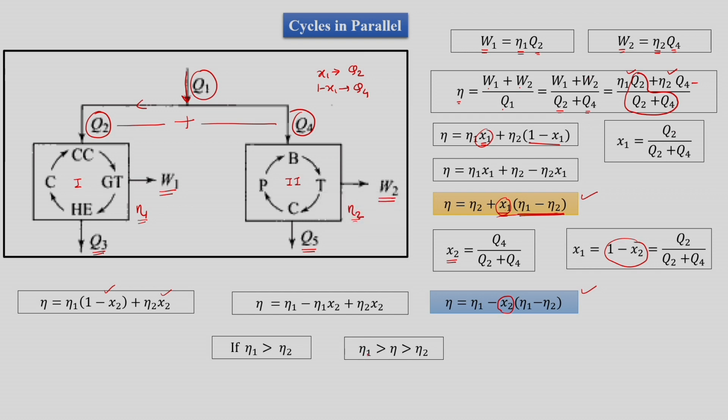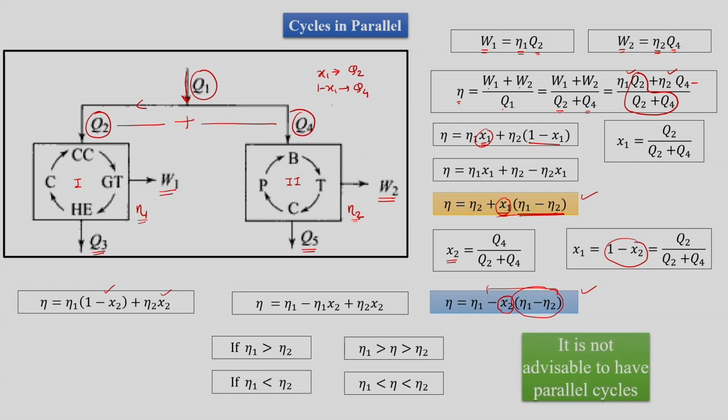So, we will have eta 1 greater than eta 2. Similarly, let us say that eta 1 is less than eta 2. We can use this formula, which leads to a positive number that will be less than 1, a small number, and this gives an impression that eta 1 is less than eta 2.